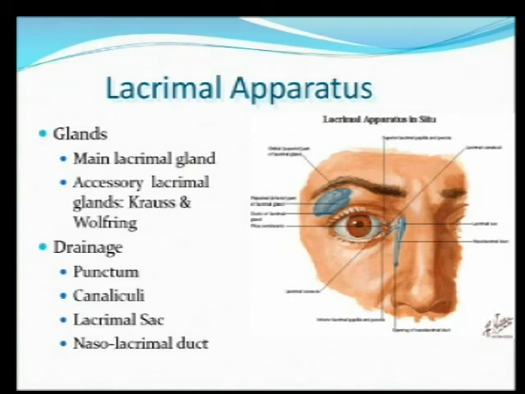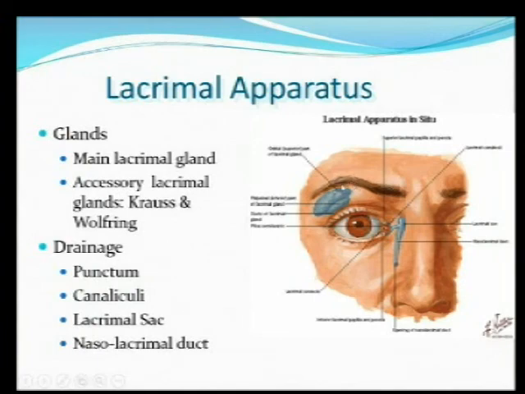Okay, let's take a look at the plumbing system of the eye now a little bit. And we talked about glands in the lid. Now we're going to talk about some glands where the watery part of your tears come from. And as we look at this person, these blue glands right here, this is known as the main lacrimal gland.